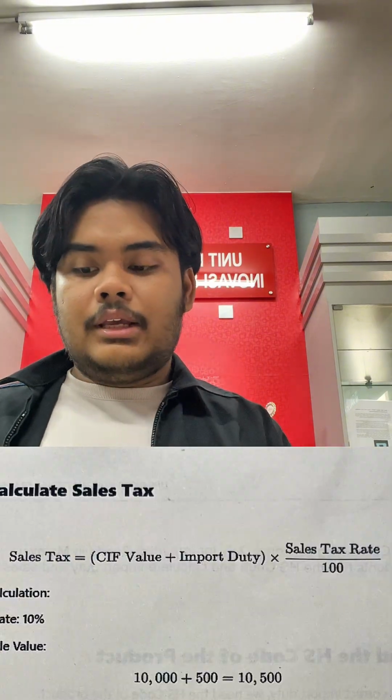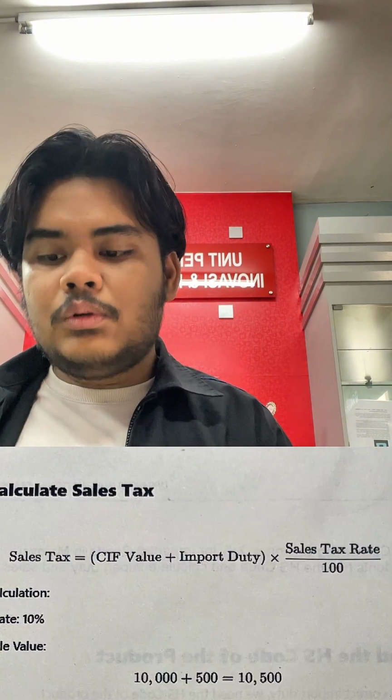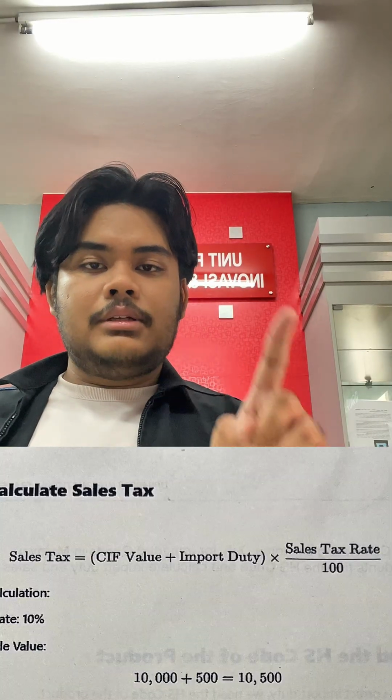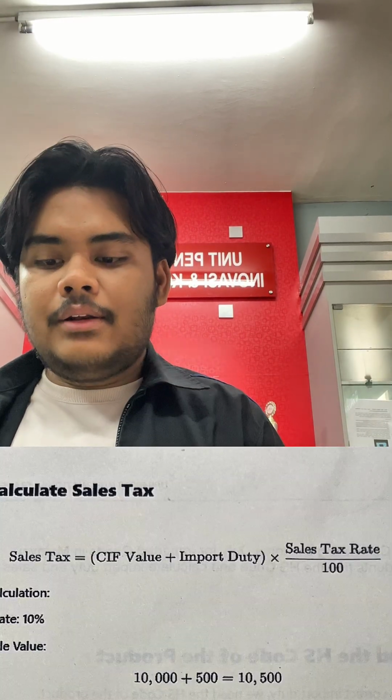We take RM500,000 times 15 per 100. Why 15? It is the import duty rate stated in the question. So we get RM75,000. Next is sales tax. I will put the reference here for the formula: sales tax equals bracket CIF value plus import duty, close the bracket, times sales tax rate over 100.